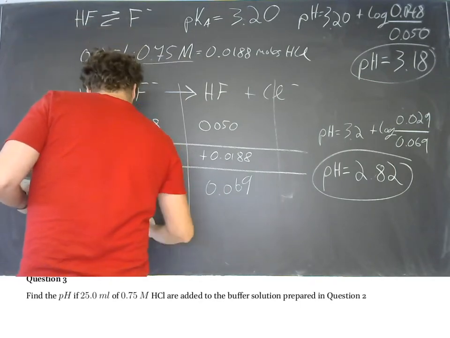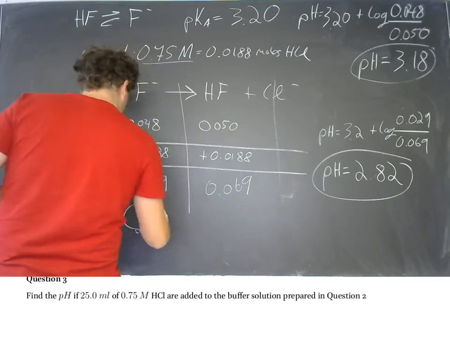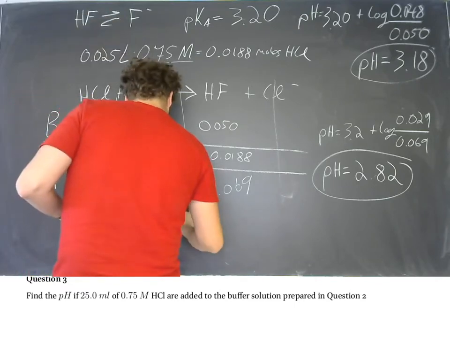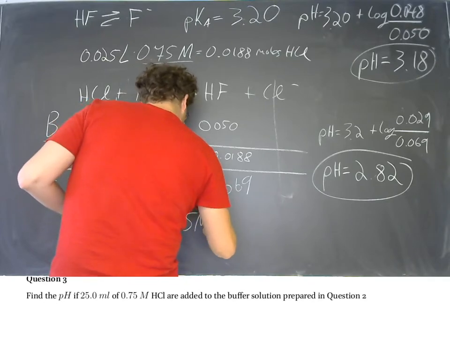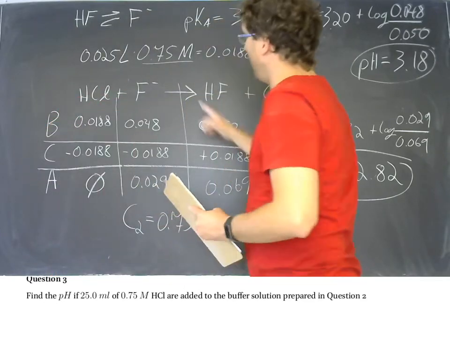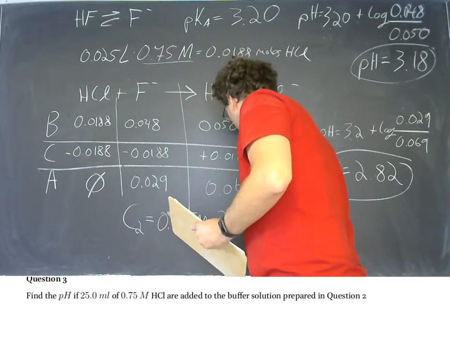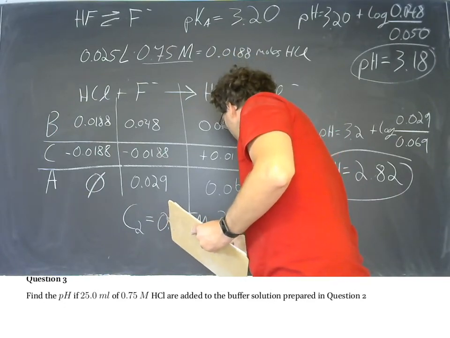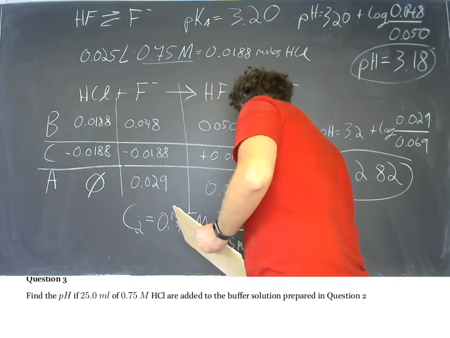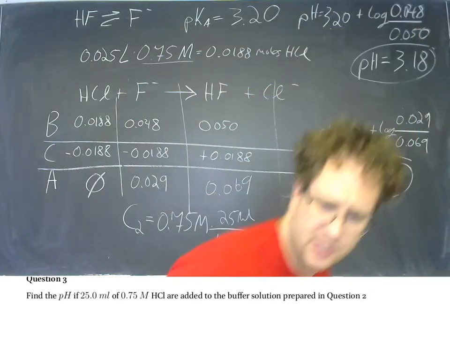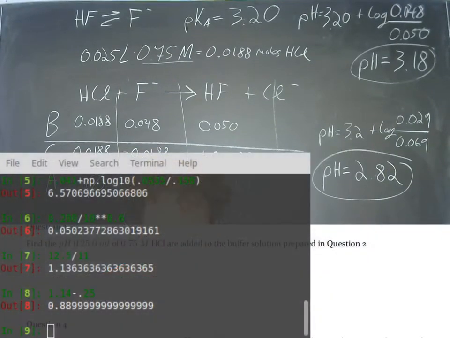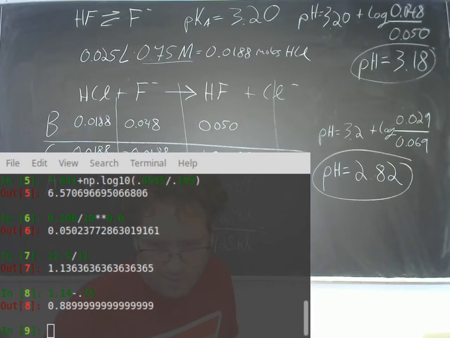So our diluted concentration is going to equal 0.75 molar times the 25 milliliters divided by the new final volume of 125 milliliters. And this one I actually have not worked out ahead of time, so let's pull up the calculator here. So we'll have 0.75 times 25 divided by 125.